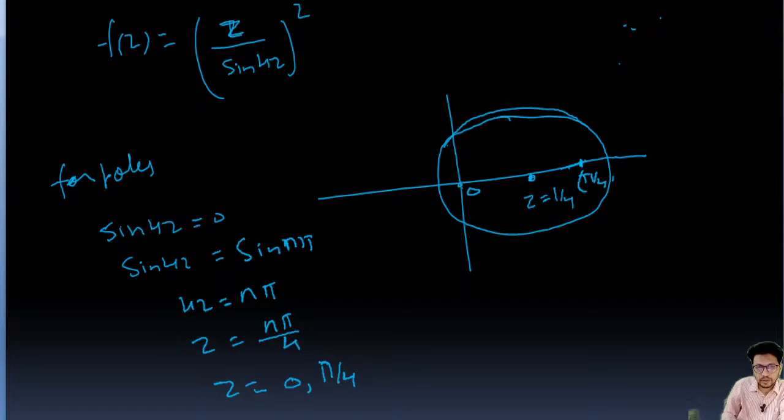Now we'll find residue. First we'll find residue at z equal to 0.